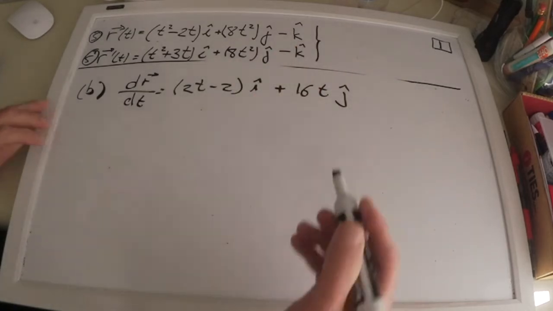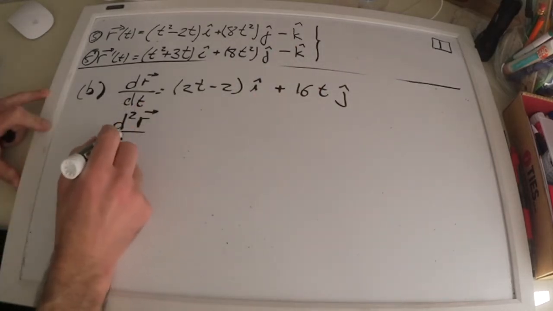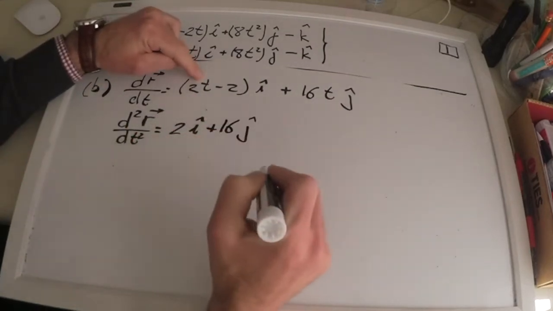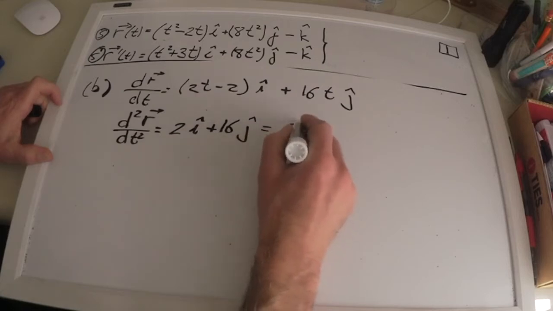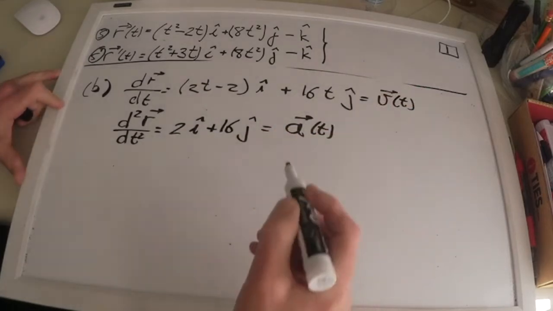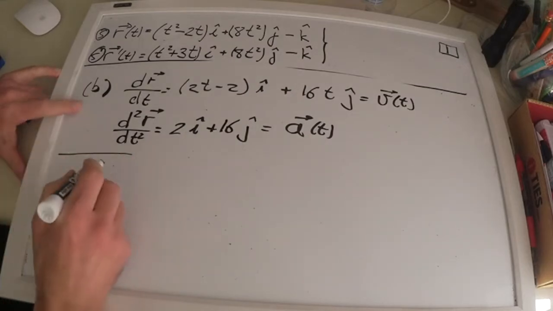The derivative of a constant is 0. That is the acceleration. This was the velocity. Now let's go for the prime.